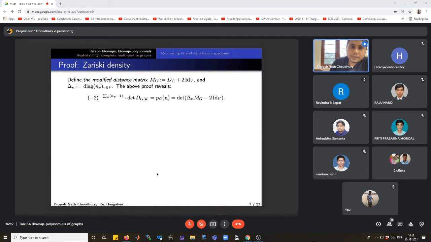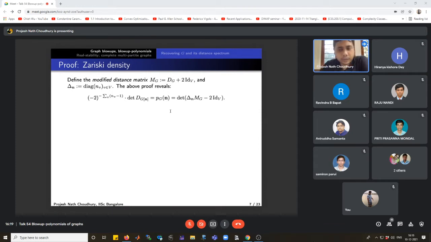So the idea is, first of all, define the modified distance matrix, which is exactly this matrix, and the diagonal matrix delta with sizes on the diagonal. Then the proof reveals that minus 2 raised to some power of this determinant is equal to PGN, and this is further equal to the determinant of this matrix.